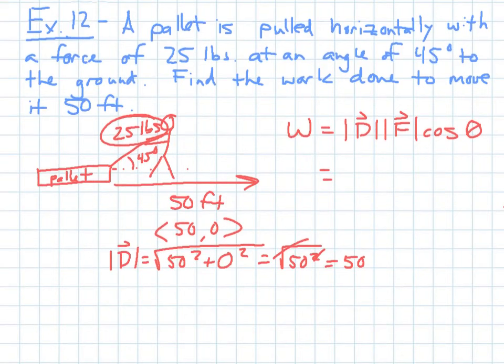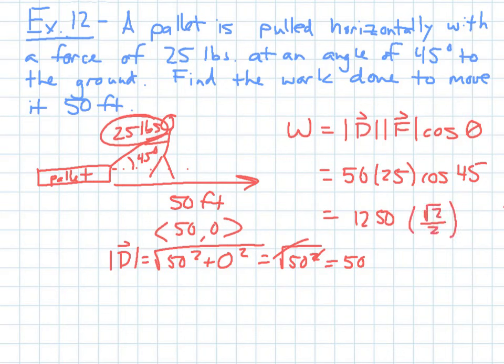Now, so 50 times 25, and cosine, you have your angle is 45, so let's plug it in. So 50 times 25 gives you 1,250, and then cosine of 45 is going to be the square root of 2 over 2.